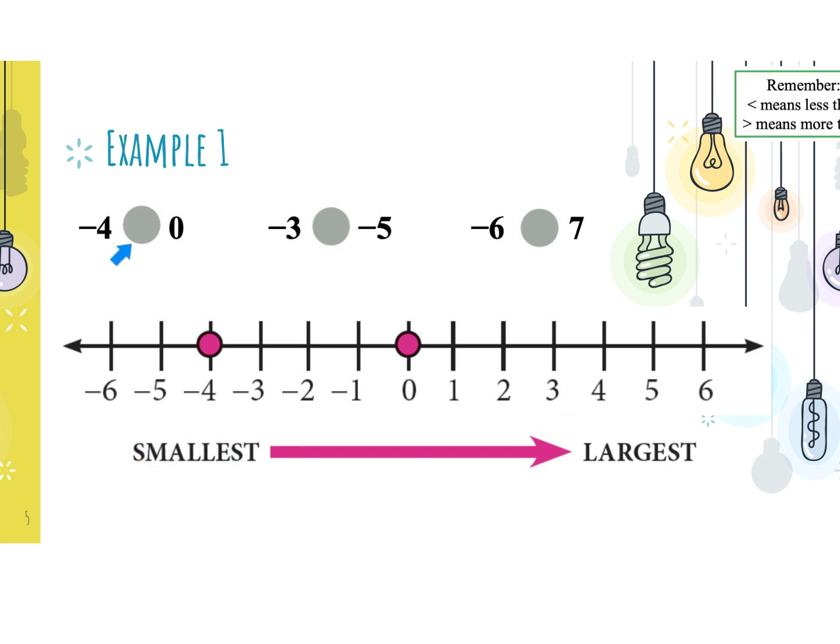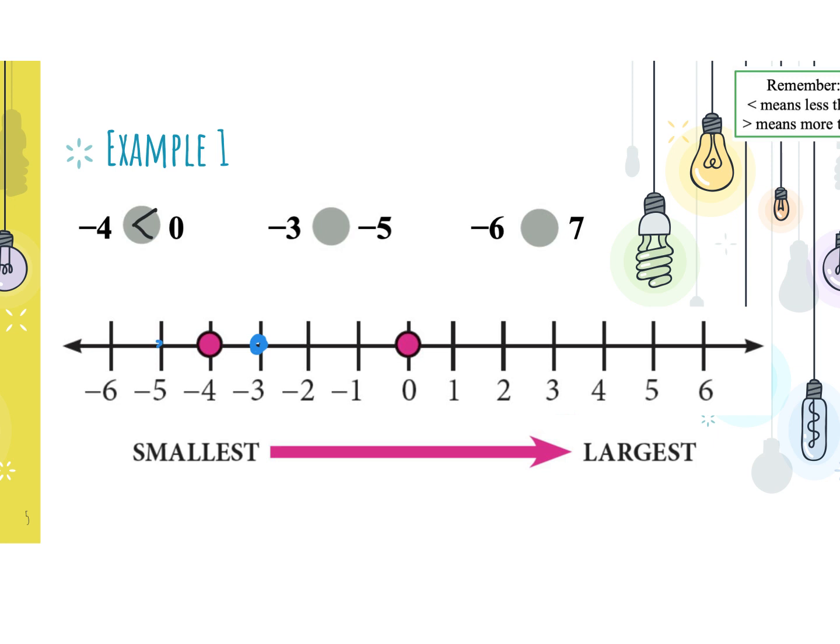So going back up to the comparison of these two integers, we'll place the less than sign because negative 4 is less than 0. When we go to the next problem, negative 3, and comparing it to negative 5, we'll plot that on the number line as well. Negative 3 is right here.